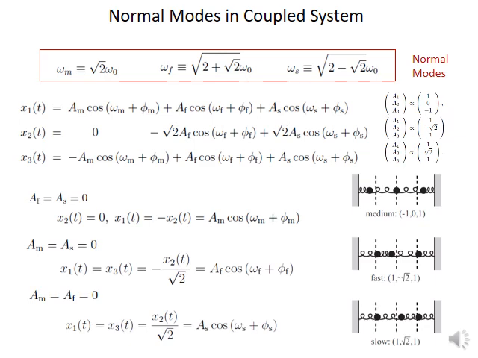So in principle, one can keep on adding more and more masses into this system to make this system of masses larger and larger, and that's what we would do when we apply this concept of normal modes to a one-dimensional crystal, where you have an infinite number of atoms, and each atom is connected to the nearest neighbor by a bond, and a bond can be considered as a spring, for example.